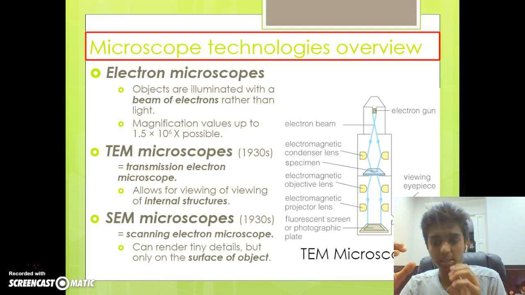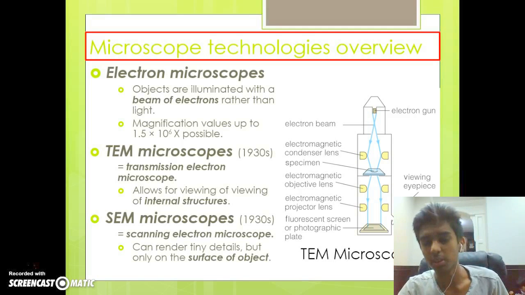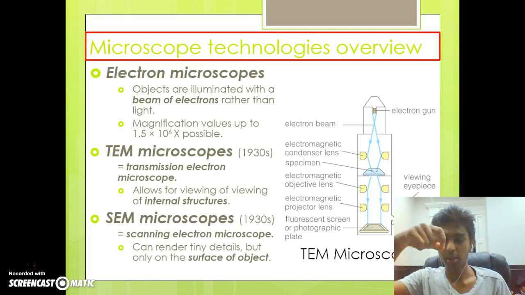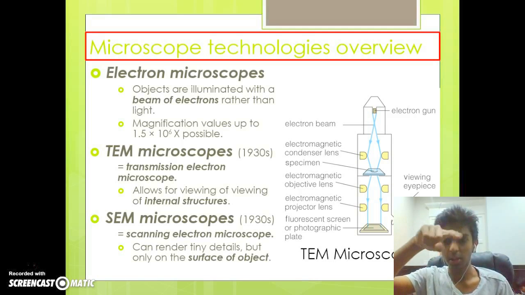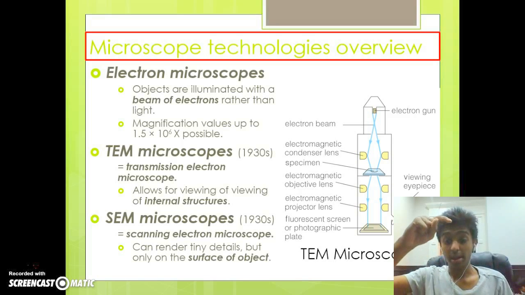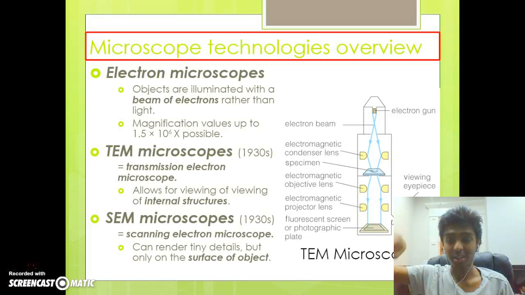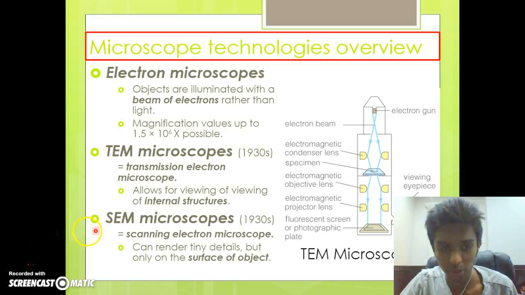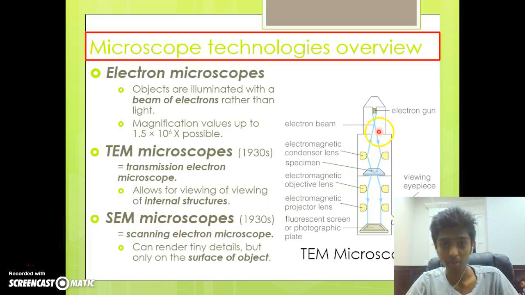So if you were analyzing, let's say, a bacteria cell, you would be able to notice the flagellum and the other organelles that are on the outside, and the cell membrane and other essential components that are located on the outside of the cell. And they could be viewed using the scanning electron microscope.